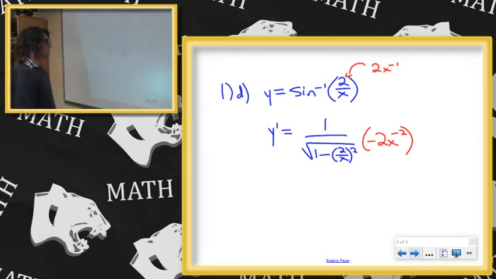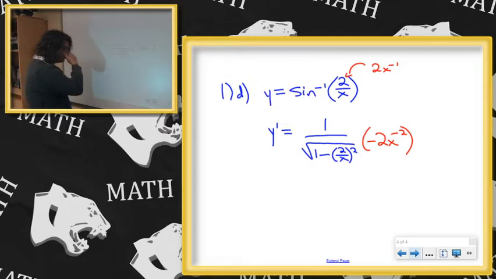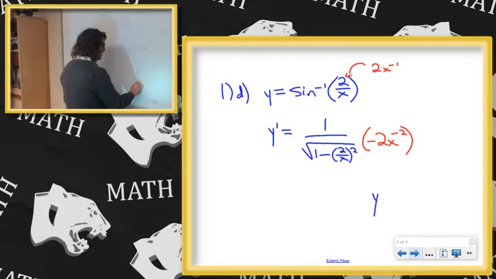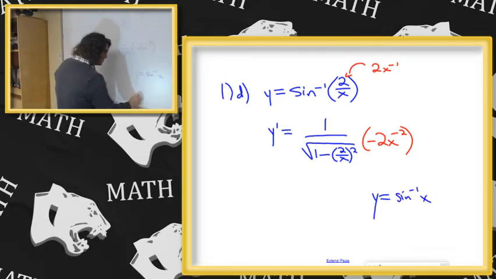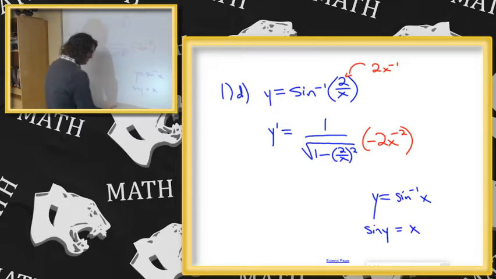Now, the only thing is, I have to remember whether the arcsine is, I'm going to do a little fiddly thing off to the side. It's a waste of time, but that's okay, because I actually haven't done any inverse trig derivatives for a little bit. So y is equal to the arcsine of x, which means that the sine of y is equal to x.